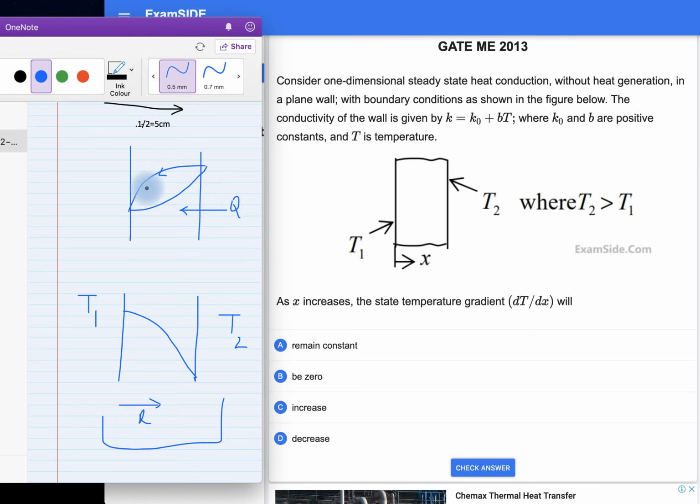So our graph will change like this, and our x is increasing here. So I can see if B is positive, the graph will be like this.